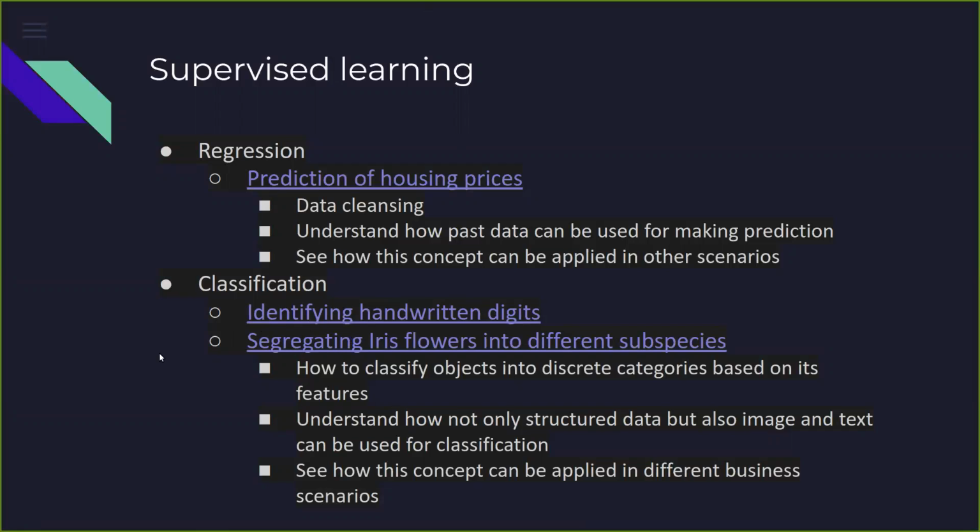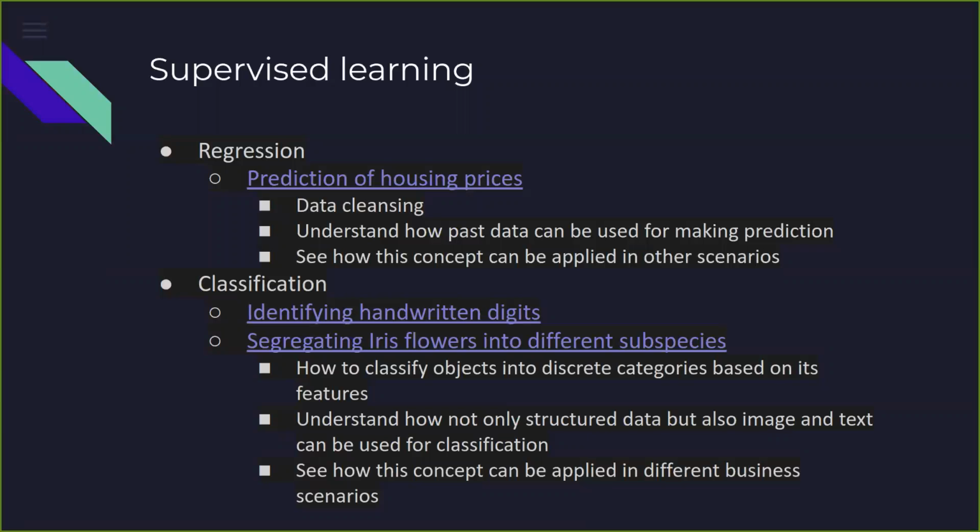The same problem will also extend to another classification problem, which is segregating the iris flowers. This is a very classical data set that everyone learns in machine learning, where you have certain data available about different types of iris flowers. There are three types of iris flowers: Setosa, versicolor, and there is one more.